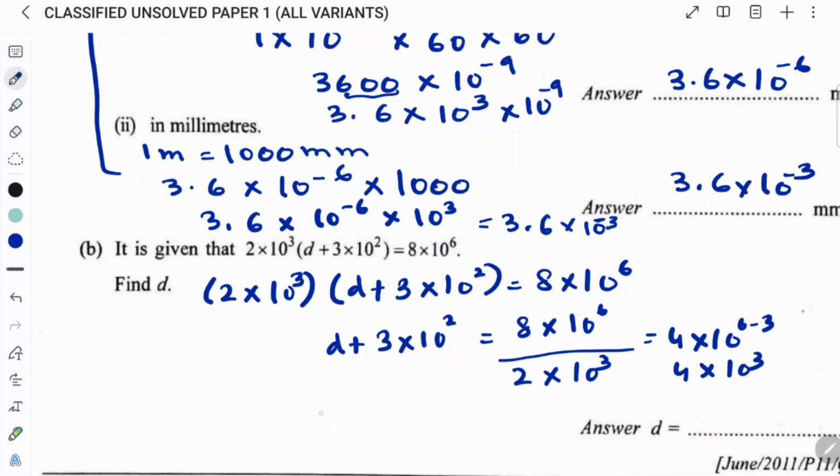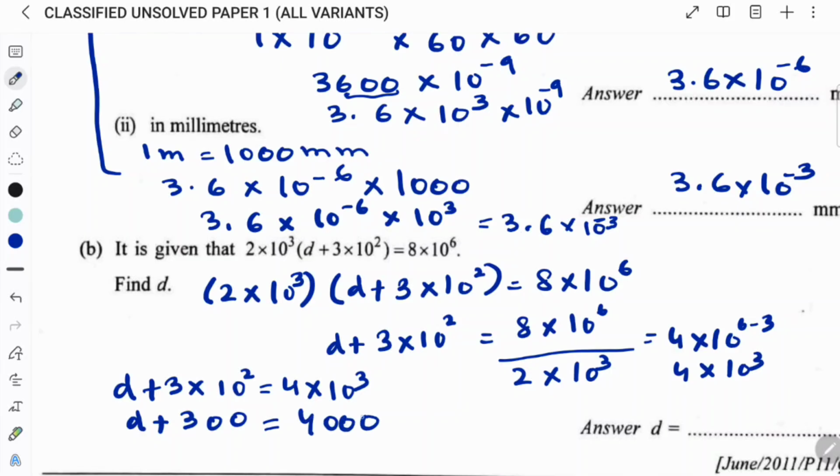So I got D plus 3 into 10 square is equals to 4 into 10 cube. D plus 300 is equals to 4000. D is equals to 4000 minus 300, and 4000 minus 300 is 3700.